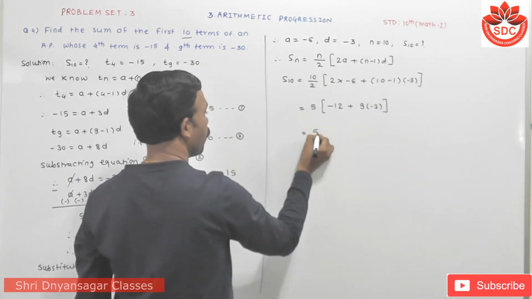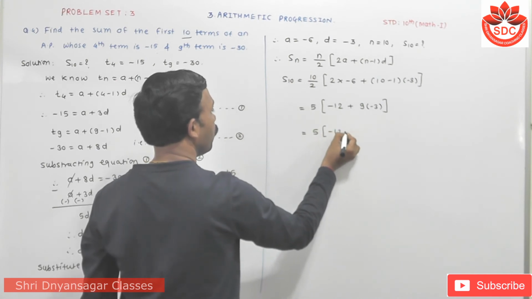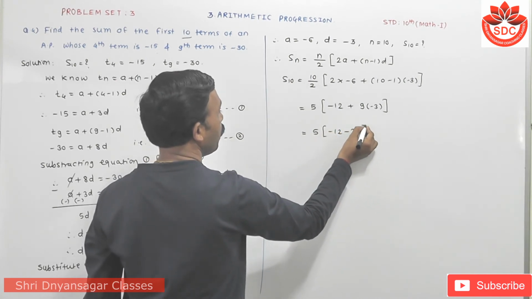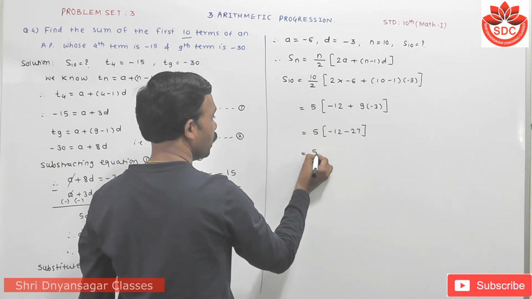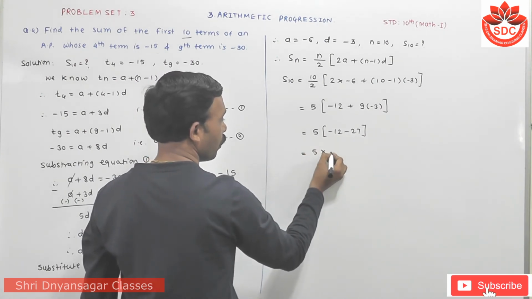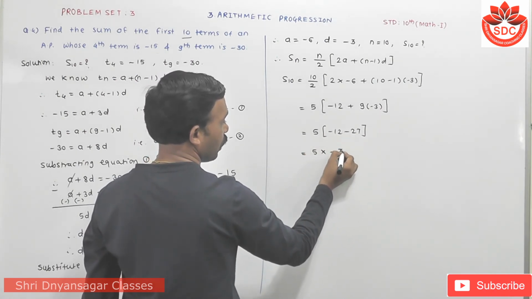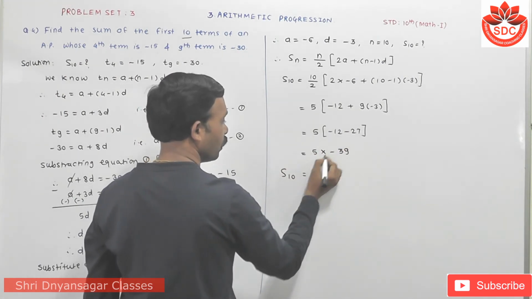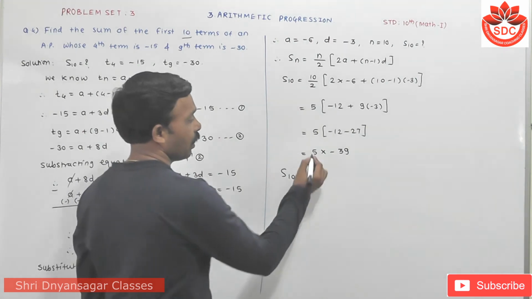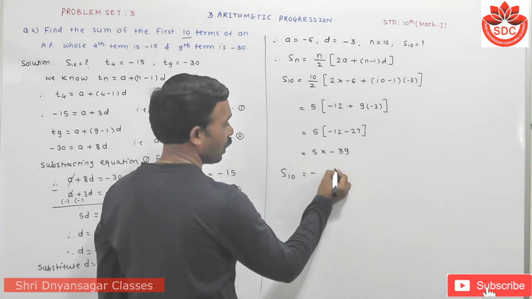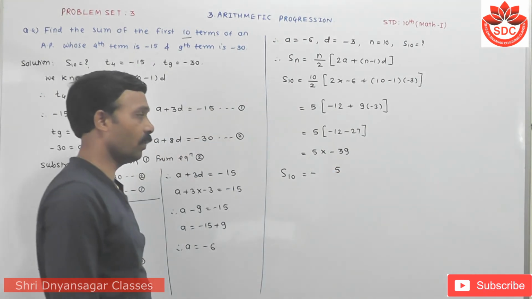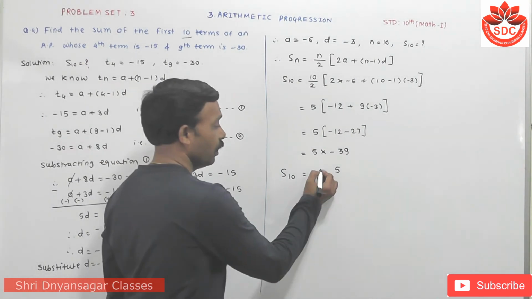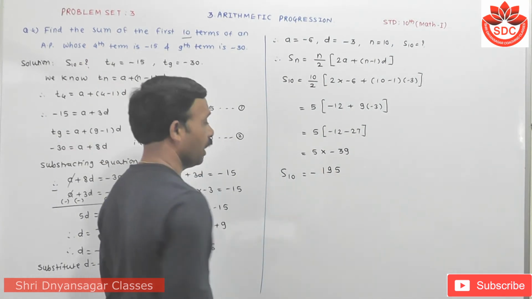Then it becomes 5 in bracket minus 12 minus 27. This addition is minus 39. Then this value S10 is equal to 5 into minus 39. 5 9s are 45, carry 4. 5 3s are 15. 15 plus 4 becomes 19.